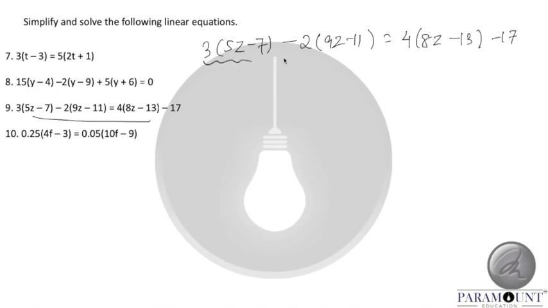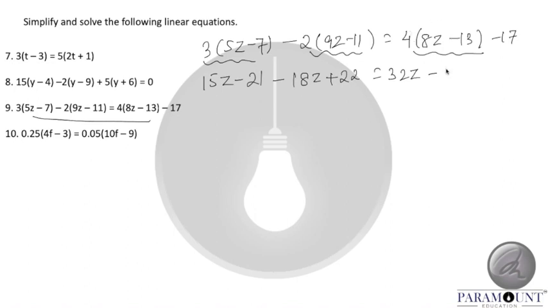So again distributivity can be applied over here, that is 5 into 3 becomes 15z, minus 7 into 3 becomes 21, minus 2 into 9z becomes minus 18z and minus 2 into minus 11 becomes plus 22. Then again here 4 into 8 becomes 32z and 4 into minus 13 becomes minus 52.